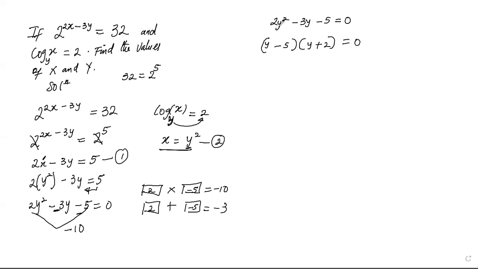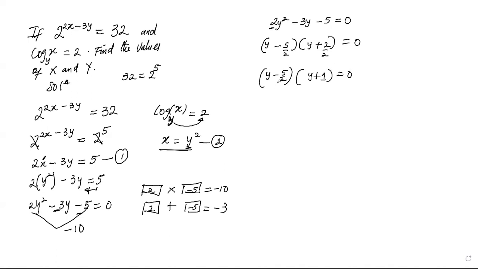Because of this 2 as the coefficient of y squared, I'm going to divide these by 2. So I'll have y minus 5 over 2, times y plus 1, equal to 0.